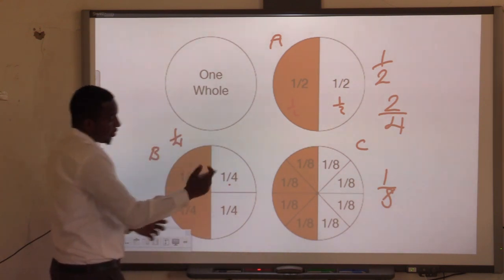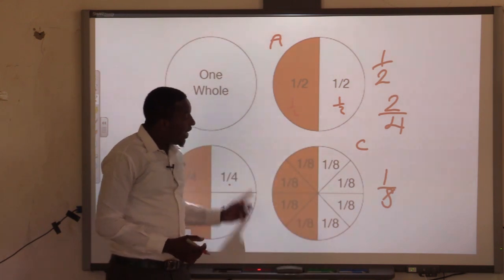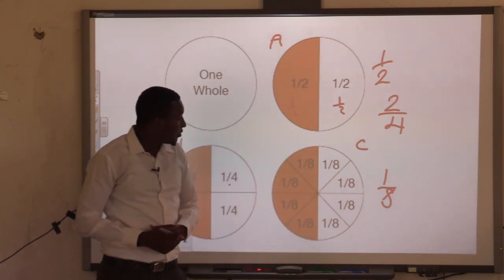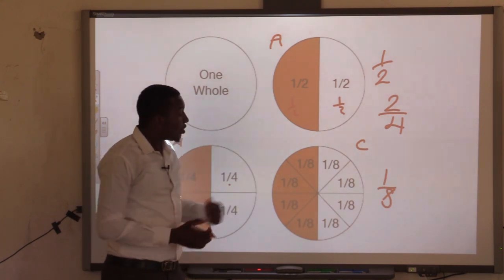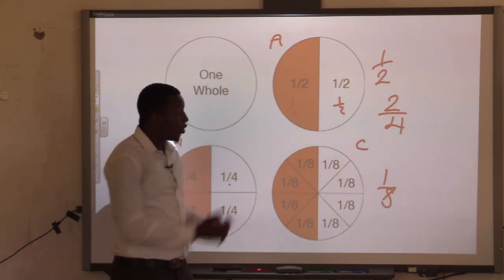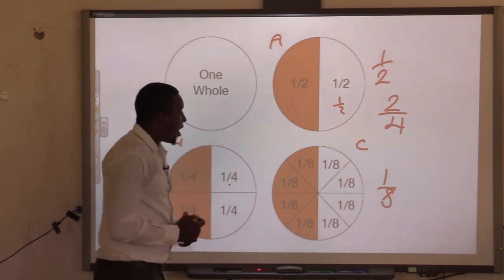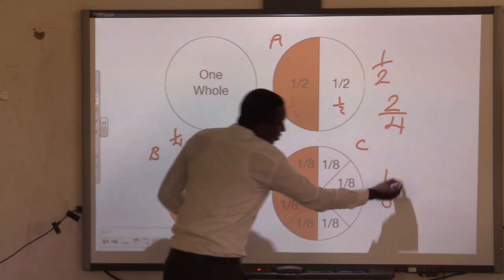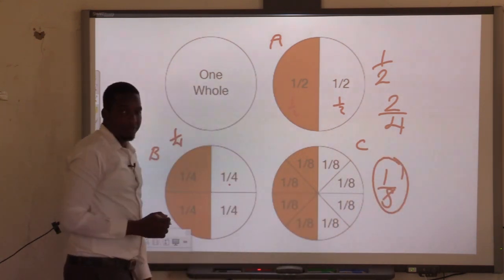Again, we look at the third circle, that is circle C. It is divided into 8 equal parts, and half of the circle is colored orange. So we are going to look at the side that is colored orange. How many 1/8 in the circle are colored orange?